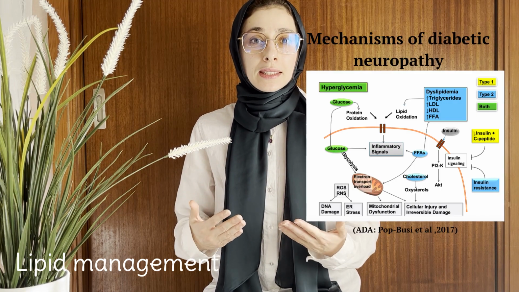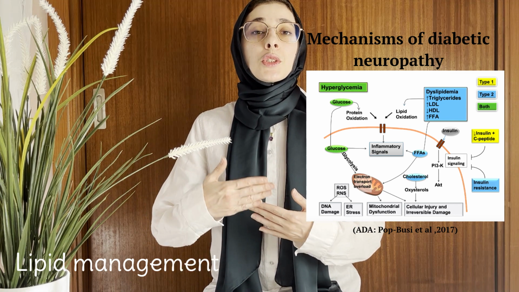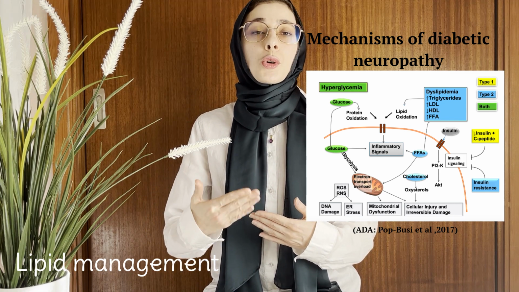Okay, let's talk about the third approach, lipid management. You see, now it is recognized that dyslipidemia, or an abnormality within your lipid profile, participates in the mechanisms that lead to nerve injury or diabetic neuropathy. So if you take care of your lipid profile, you'd probably take care of your nerve health. And also, some studies are discussing that if you use some specific agent that controls your lipid profile, it can help in reducing the progression of eye disease related to diabetes.